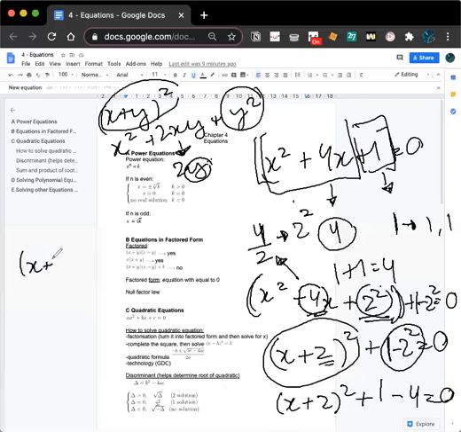So that's x plus 2 to the power of 2 minus 3 equals 0. x plus 2 to the power of 2 equals 3.